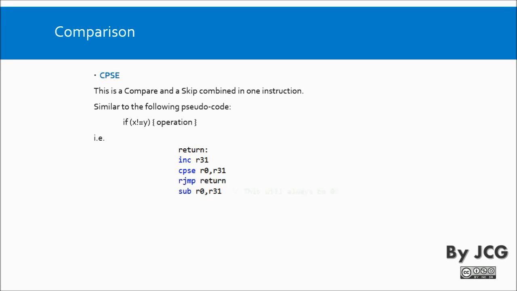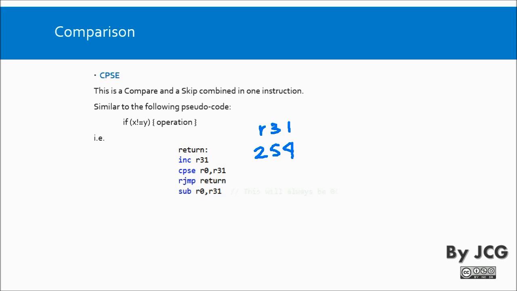And this example says, okay, I'm going to start incrementing register 31, and then I'm going to start comparing these two registers. So I have register 0 and I have register 31. Let's assume that register 31 starts at 254. This is the value of register 31 in the first iteration.